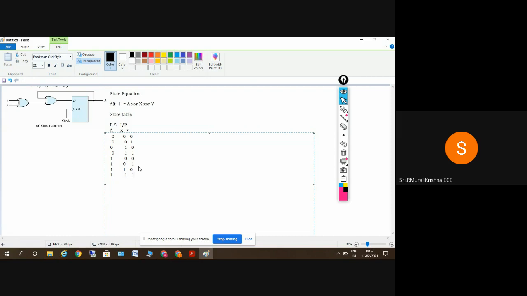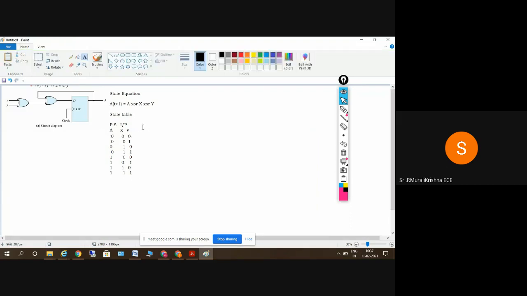So 8 combinations are possible because we have two inputs and one present state here.